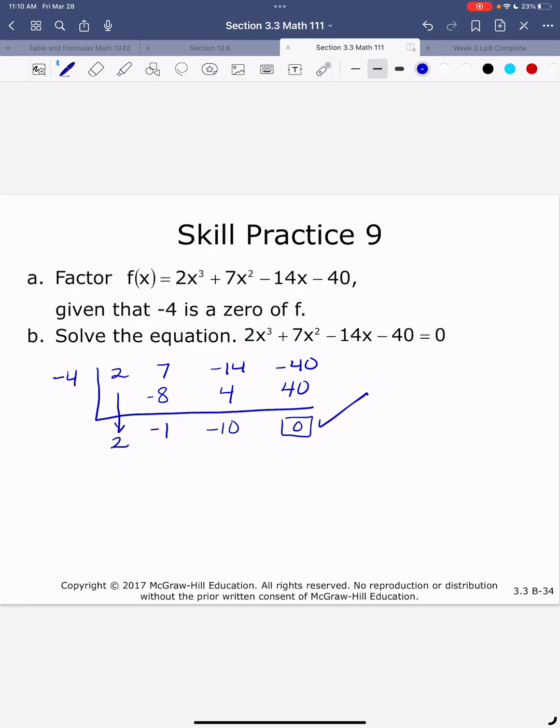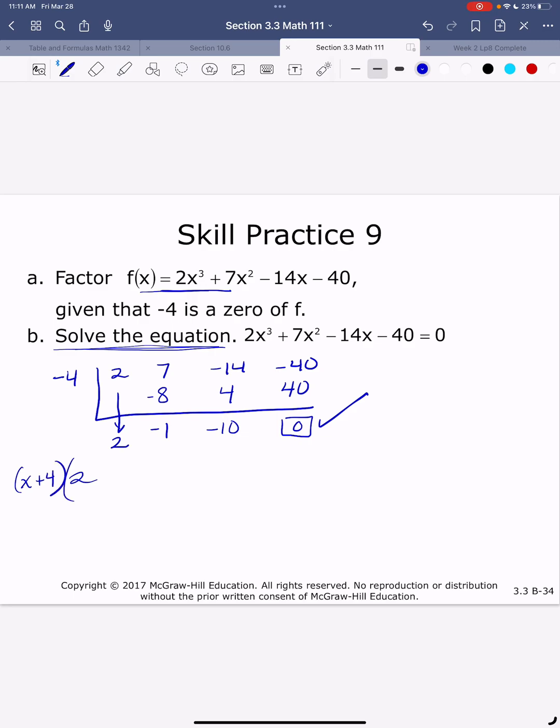So how can we use this information to solve this equation, f? Well, here's what I have. I now have that I went from a third degree polynomial of f, and I have factored it into x plus 4.